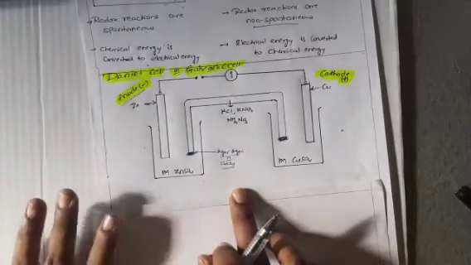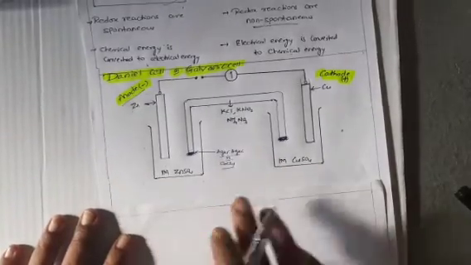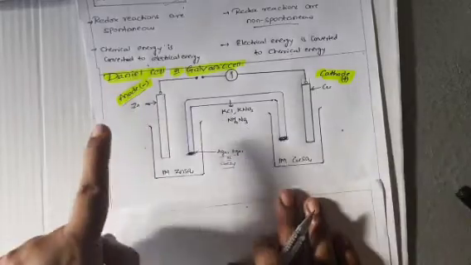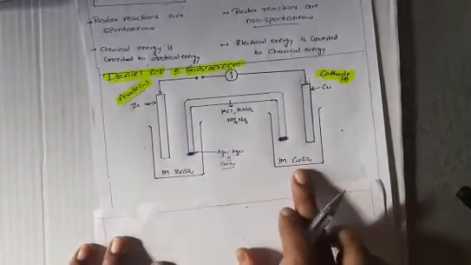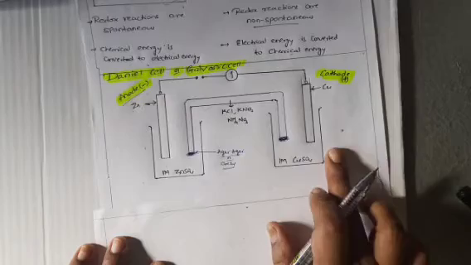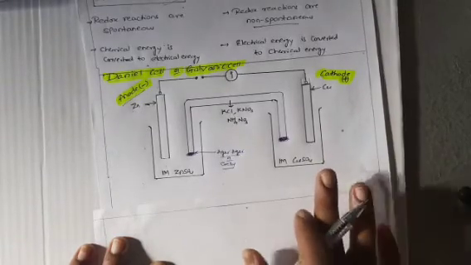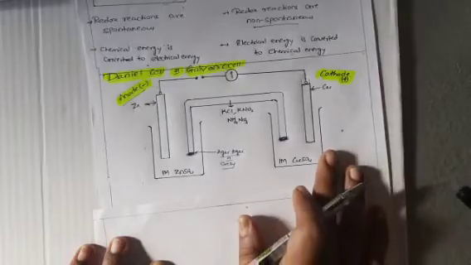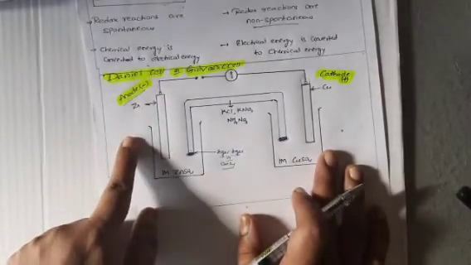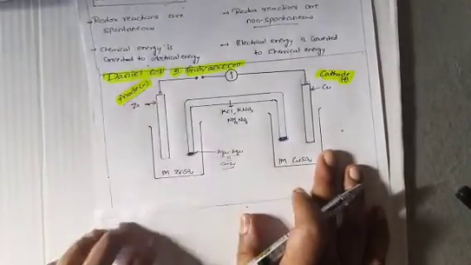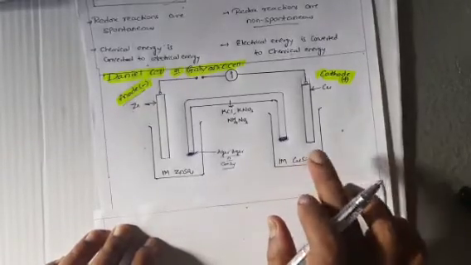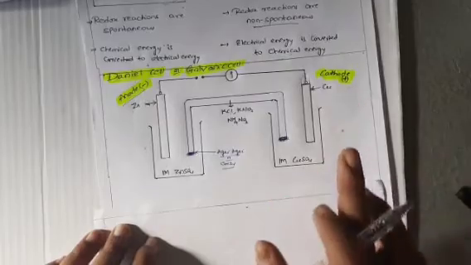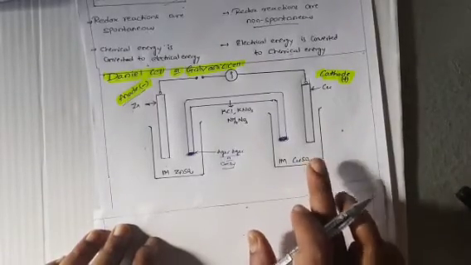So remember, in an electrochemical cell, always on the left hand side the anode is present, that is negatively charged, and on the right hand side the cathode is present, that is positively charged. I am repeating, the left hand side anode is negatively charged, and the right hand side cathode is positively charged. Okay, this is the electrochemical cell setup.